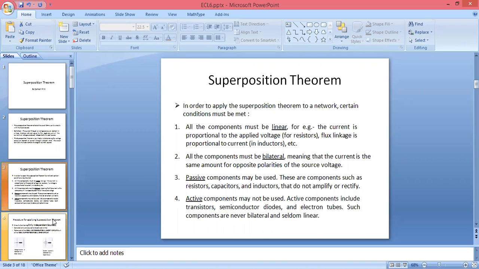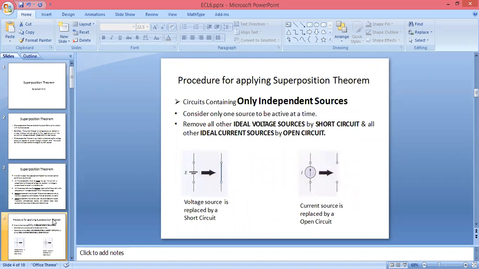Now we will see how we have to solve circuits containing only independent sources. So what does independent mean? If the value of a voltage source or a current source does not depend on any other voltage or current, then we can call these sources independent sources.